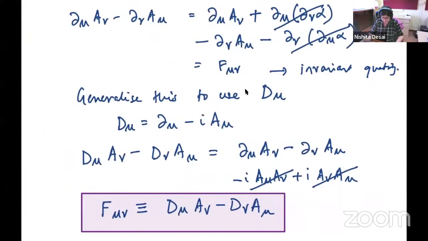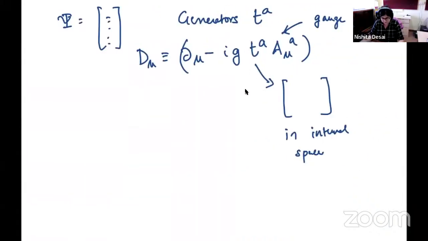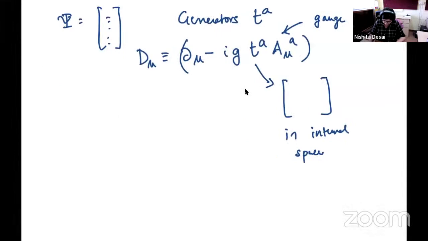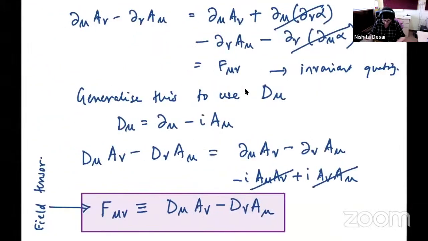Right, so we want to basically generalize also our field tensor F mu nu. This is called the field tensor. In the same way. Okay. So let's look at what F mu nu looks like in this case.